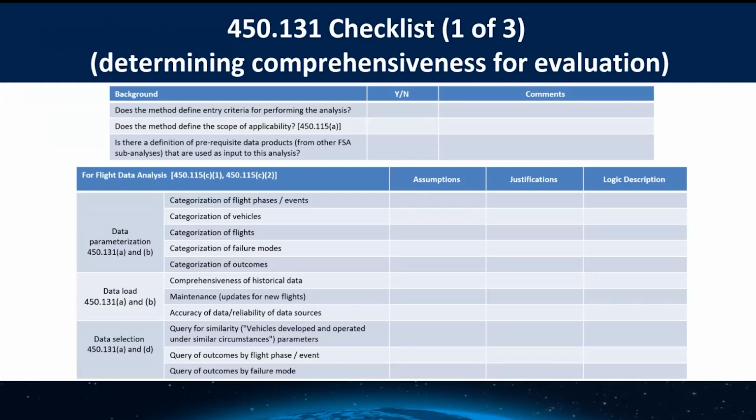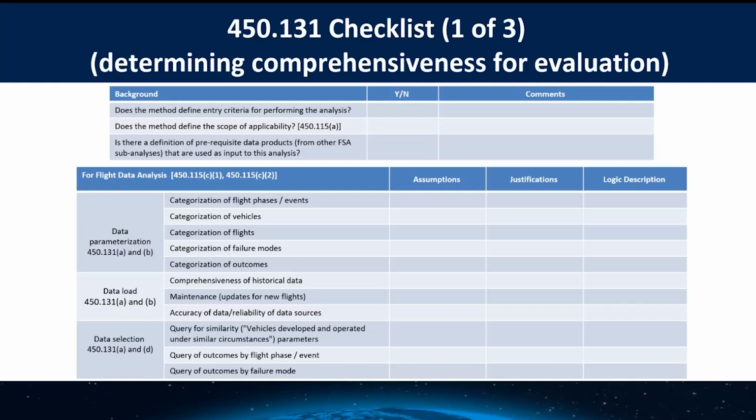On the left, we have the requirement of the probability of failure analysis for reference of the discussion, and to the right, we have a checklist pertaining to this methodology. The first three sections here on the top are general and intended to set a foundation of the analysis.